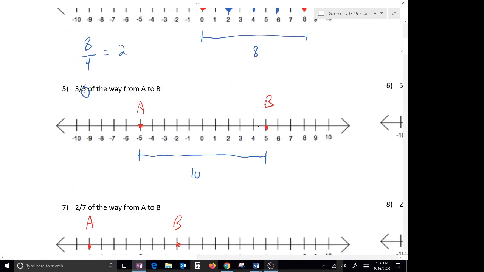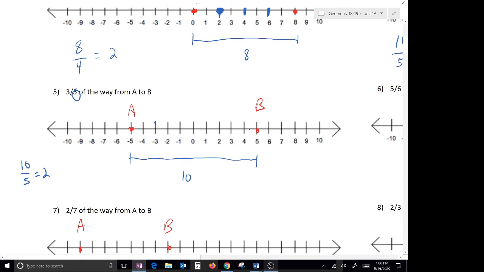Again, we're dividing it into fifths, so 10 divided by 5 is 2, so we're going to partition every 2 units, going from A to B. So this would be 1/5, that would be 2/5, 3/5 at 1, 4/5 at 3. So the answer we're looking for is 3/5, and so our correct answer would be at point 1.